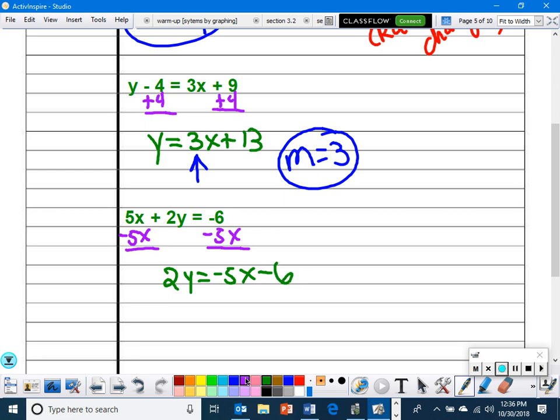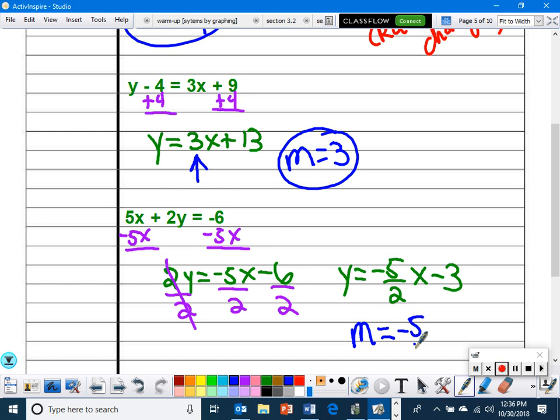And then we have to divide by 2. Remember, everything gets divided by 2. So we end up with y equals negative 5 over 2x minus 3. So the slope is negative 5 over 2.